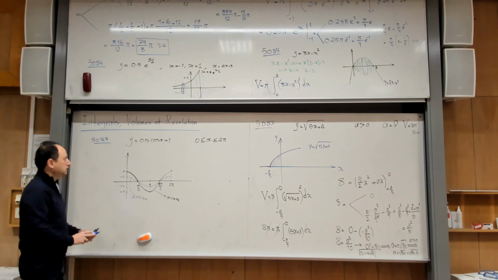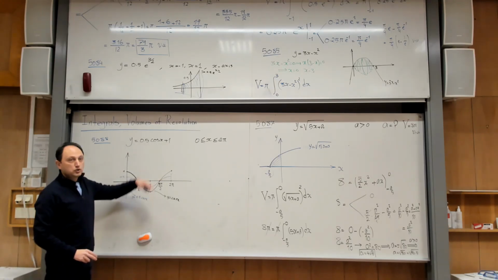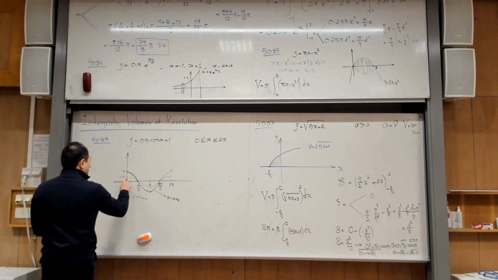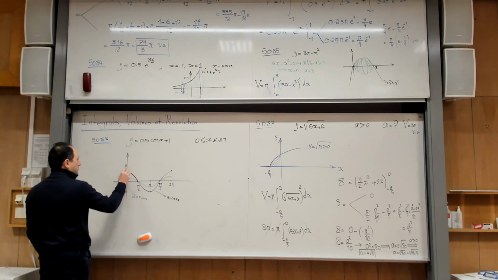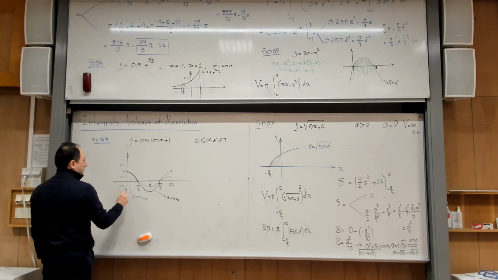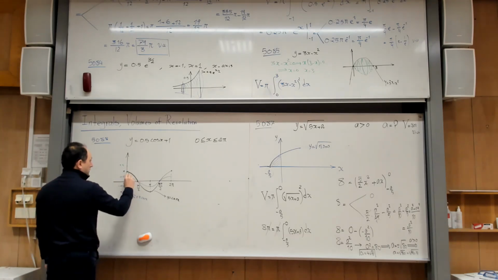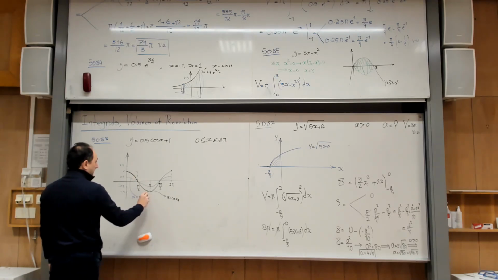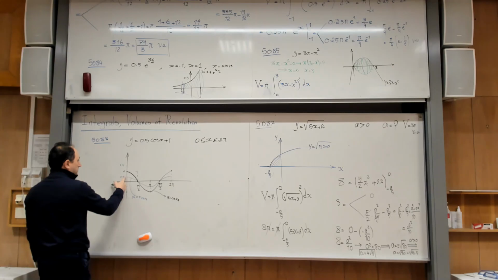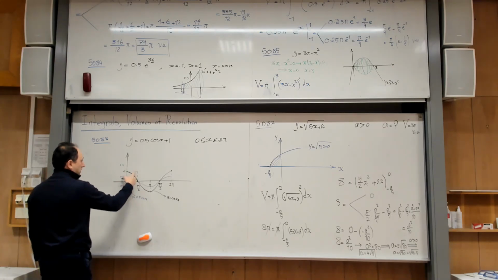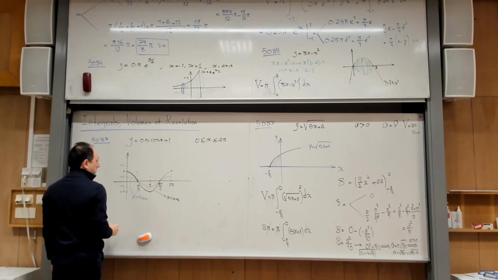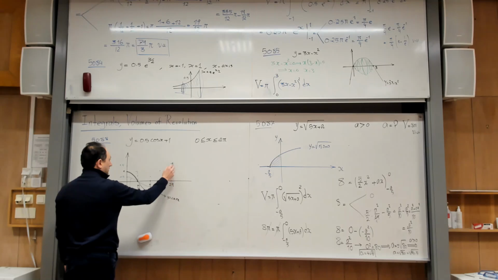And finally, I shift 1 unit up. So what happens? I have to shift this one unit up. It becomes 1.5 here. So this will be shifted 1 unit up. This will go here, this will go here, this will go here, and this will go here.